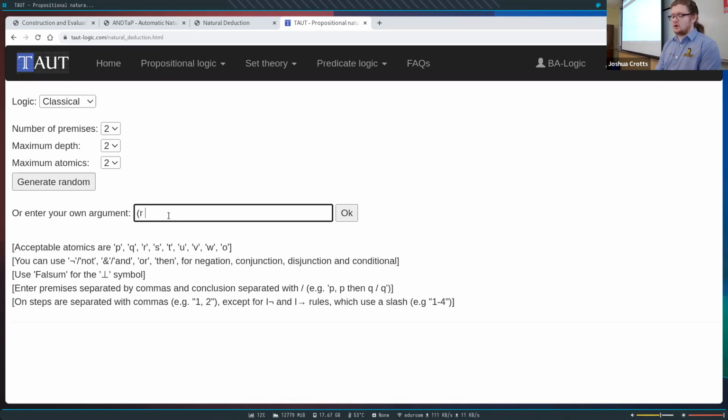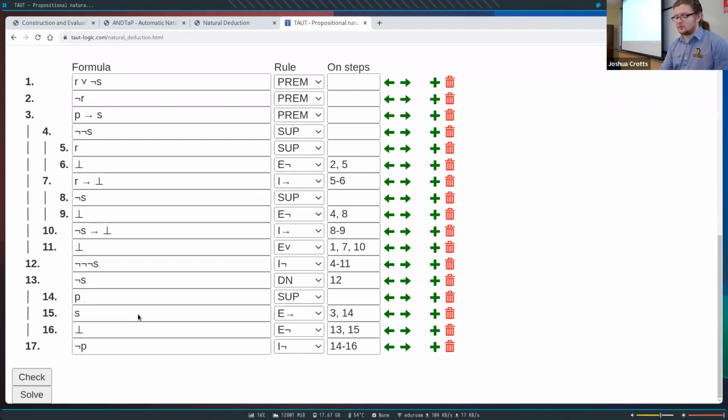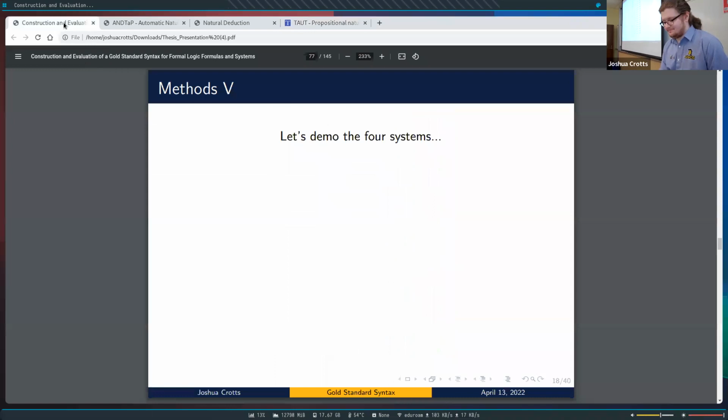So let's do R or not S, not R, P then Q, or P then S, therefore not P. And it shows the proof, and you can do it yourself, or you can solve it. One immediate thing that we noticed is that almost all these systems do proofs by contradiction or indirect proofs when they really don't need to.